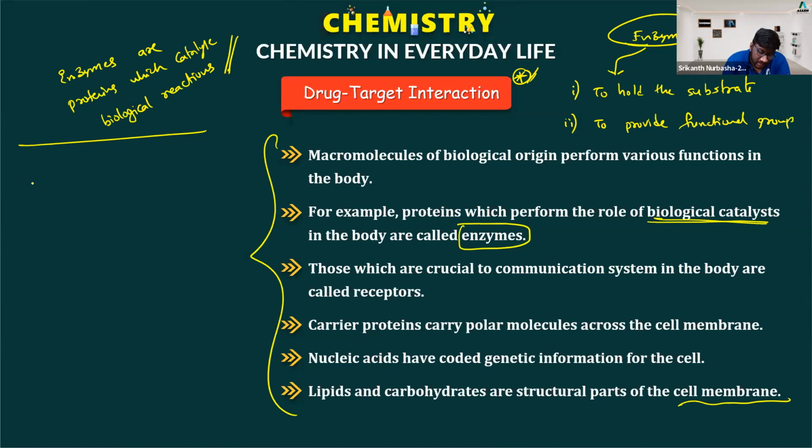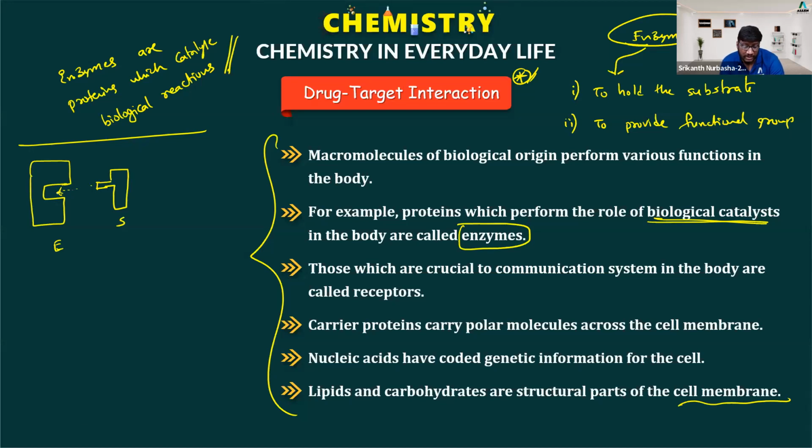Now let us say this is our enzyme. It has an active site, the site which is responsible for holding the substrate. This is the substrate, this is the enzyme. The substrate is going and binding to this active site, which means the enzyme is holding the substrate.